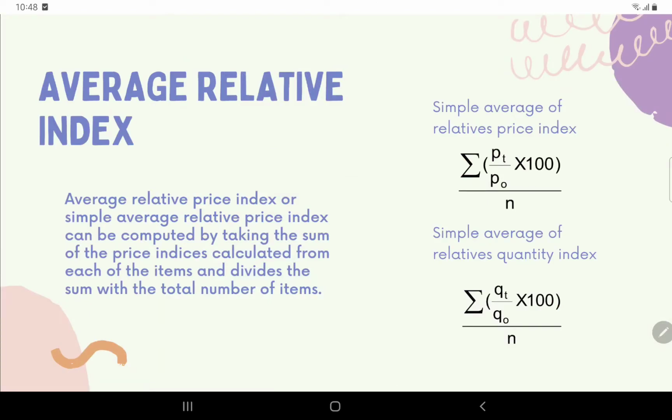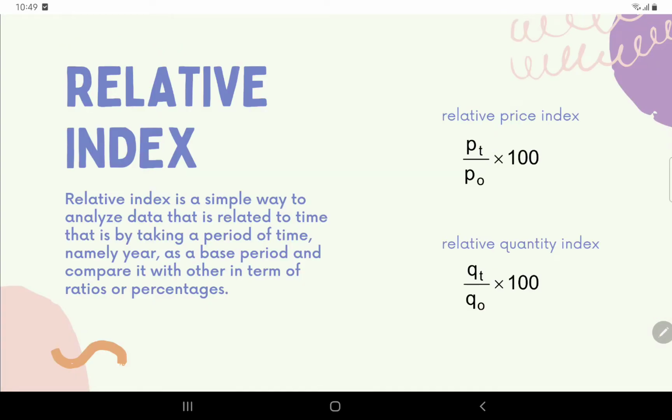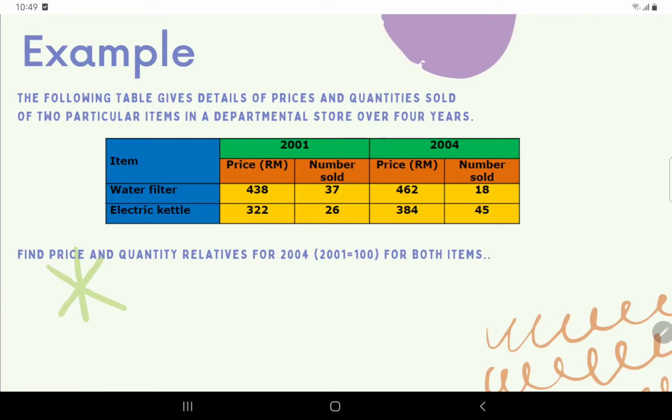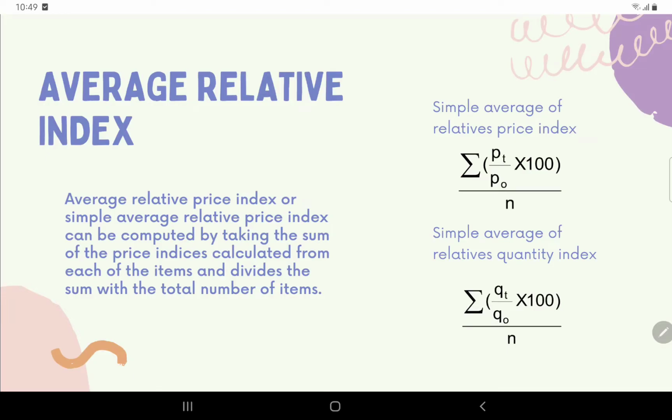Okay, next, the average relative index. That was the relative index, and now we move on to the average relative index.